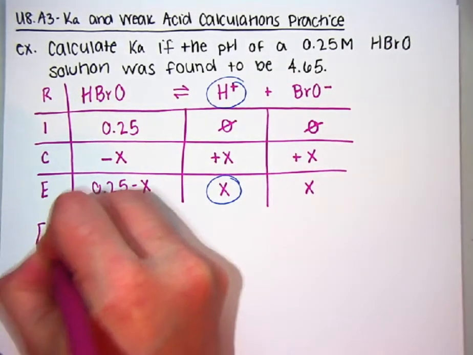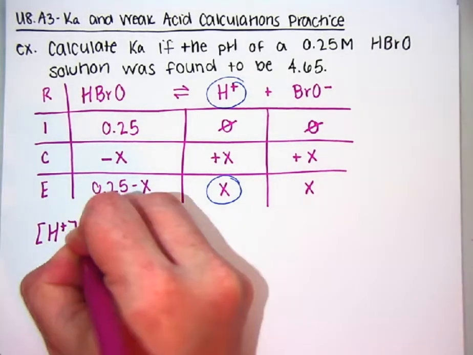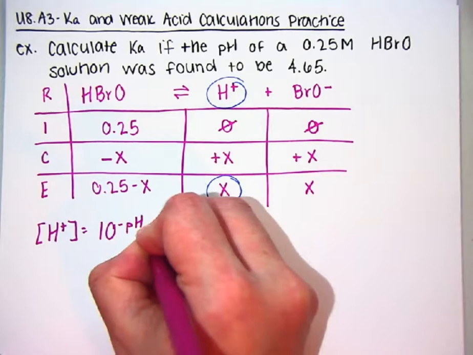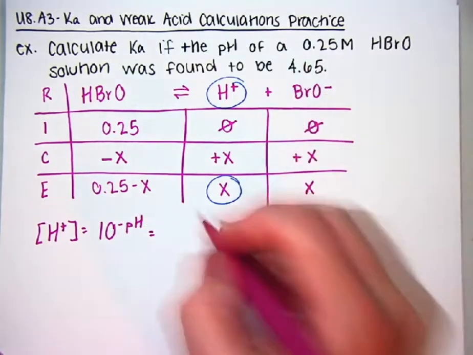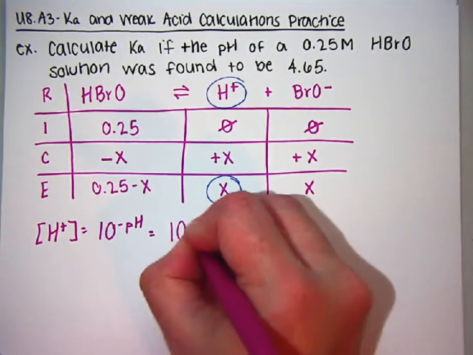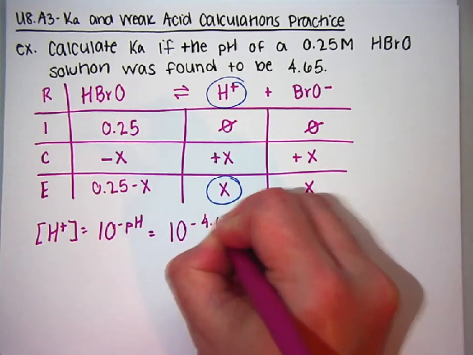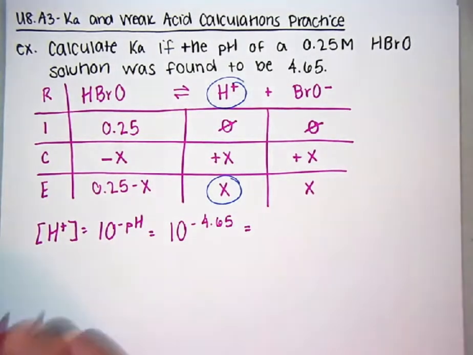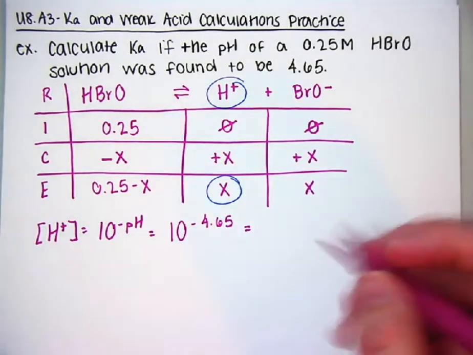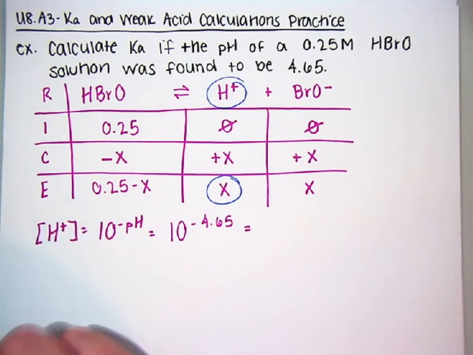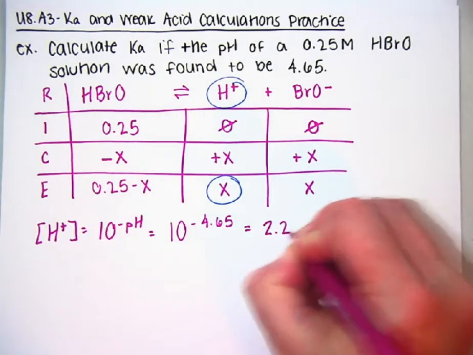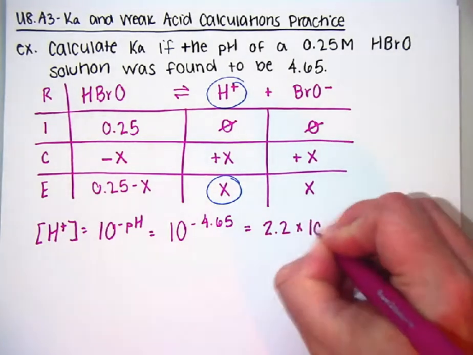The concentration of H plus is equal to 10 to the negative pH. My pH is 4.65, so 10 to the negative 4.65 gives me about 2.2 times 10 to the negative 5th.